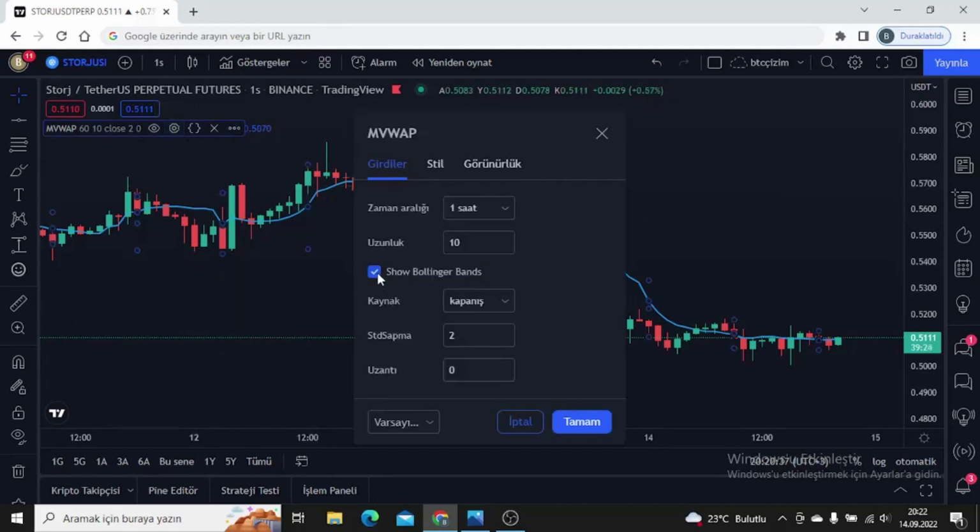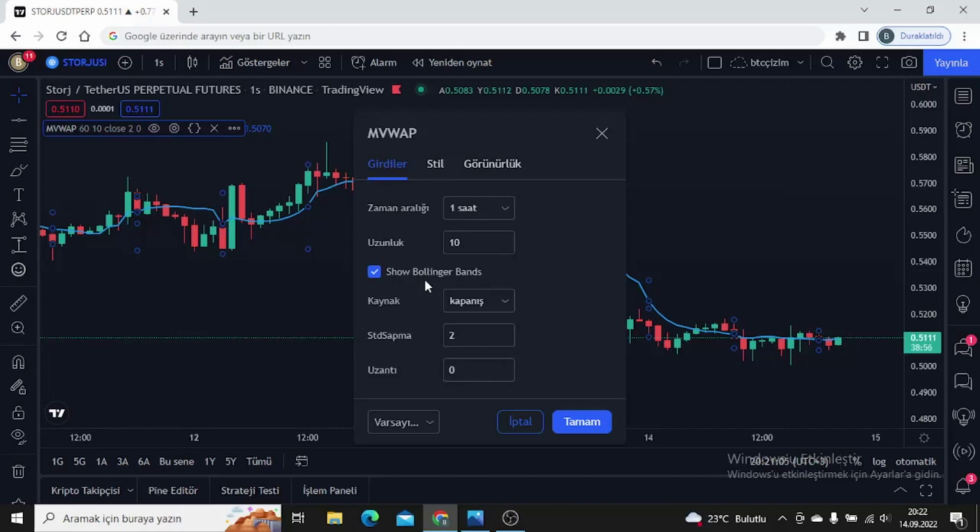Friends, there is also an extra Bollinger Band inside this indicator, as you can see here. The fact that the Bollinger Band is in this indicator further strengthens it, because there is no need for a second confirmation indicator. It becomes two indicators in itself. There is both a moving average and a Bollinger Band.